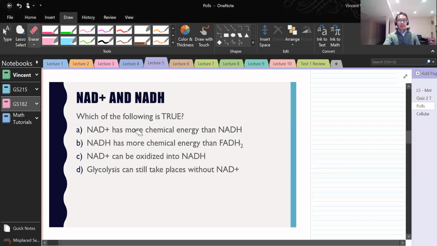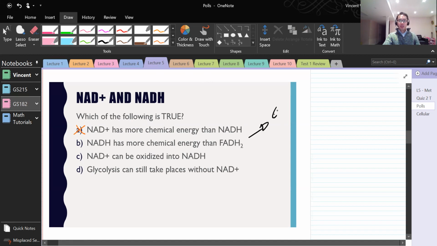So NAD plus has more chemical energy than NADH. That is not true. After you pick up the high energy electron, it becomes NADH, so NADH should be the one that has more energy. NADH has more chemical energy than FADH2. I haven't mentioned this explicitly yet today, but it was in the notes.